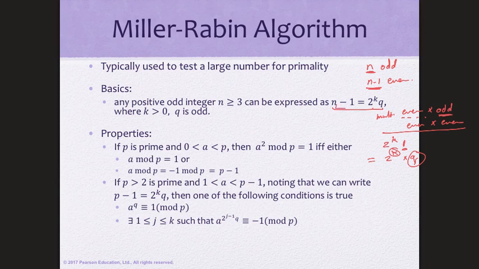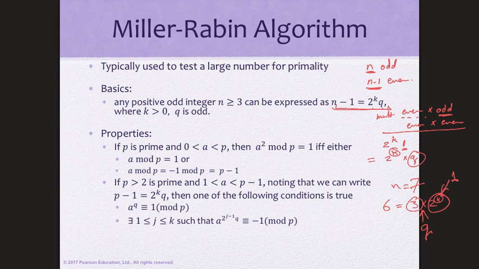So the general formula here is going to be true in all cases. And let's take a test, for example. Let's take 7 as an odd number and see how we apply this to it. So if n is equal to 7, then n minus 1 is 6, and 6, we know that it is 3 times 2. This is the odd, so this is my q. This is the 2 to the power k, so the k in this case is 1, right?